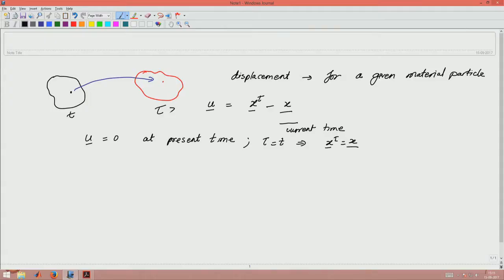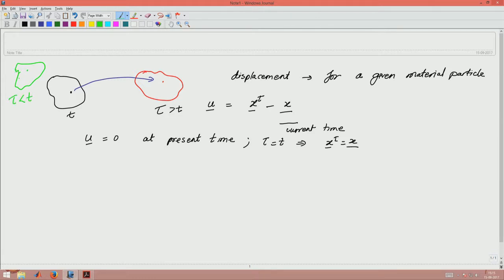So, now what we will try to do is see what happens to the displacement when you go back in the past or when you go in the future. So, for example, this particular material particle, which at time t was located somewhere else, and at some time tau, which is in the future, is located somewhere else, and maybe was located at some other point at some time less than present.